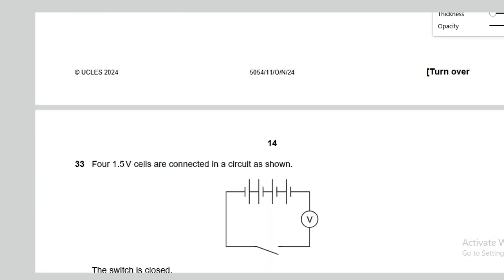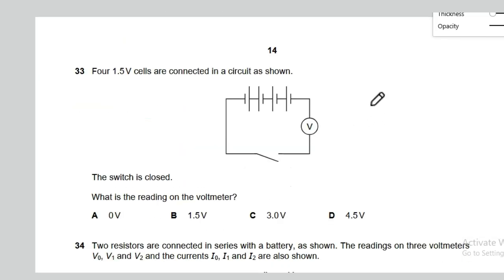Question 33. 4 1.5 volt cells are connected in a circuit as shown. The switch is closed. What is the reading on the voltmeter? So this is sort of a tricky question, because you have to look at the diagram properly.